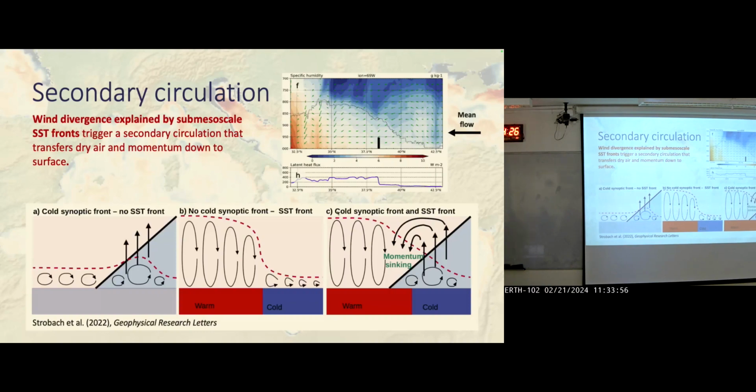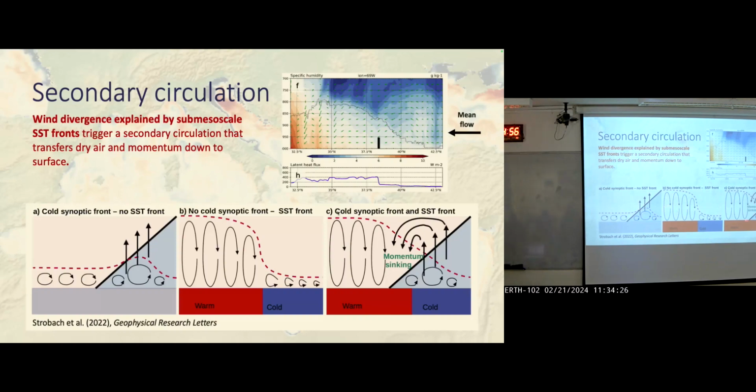In these cases, we see a secondary circulation, so air from the upper levels goes down. It brings dry air and momentum to the surface. And this is when the latent heat bursts occurred.